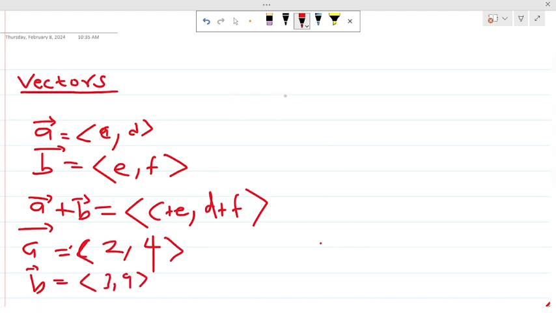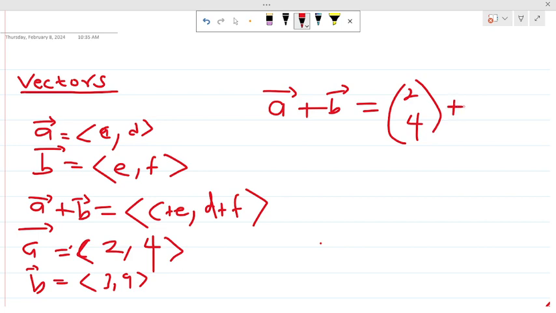Now if you are asked to find the sum of these two vectors, I'm writing this in another form: 2 and 4 plus 3 and 9.